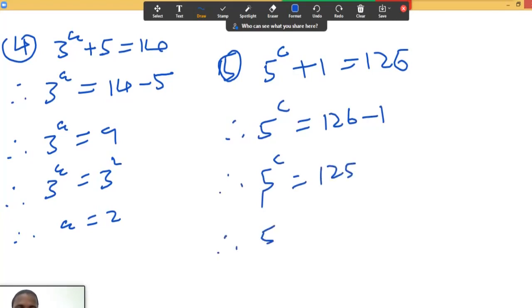That is 5 cubed, meaning that c is equal to 3. So that was short as that.